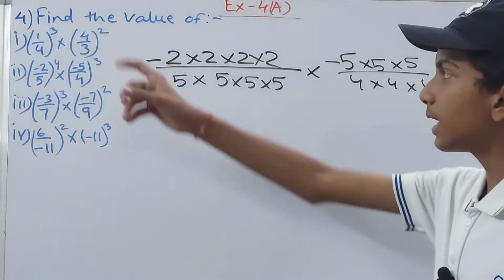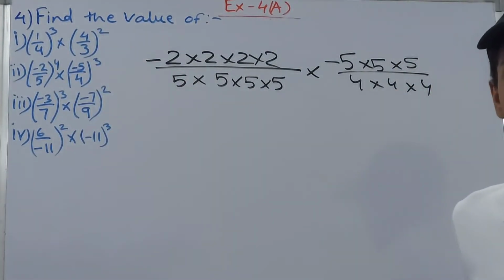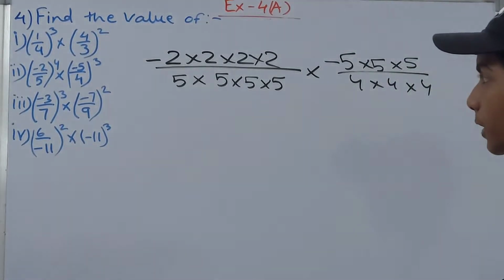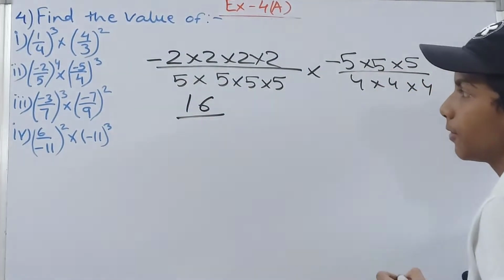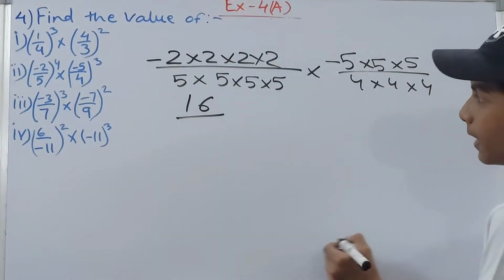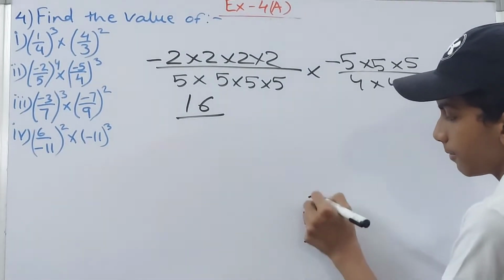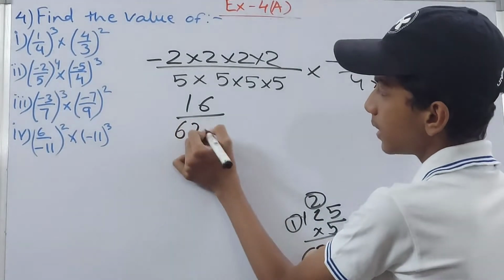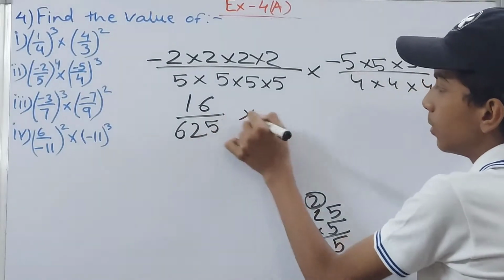Also you see that our power 4 is even. So even power and negative base equals positive product, so we'll have plus 16 upon 5 into 5 is 25, 25 into 5 is 125, and 125 into 5 is 625.